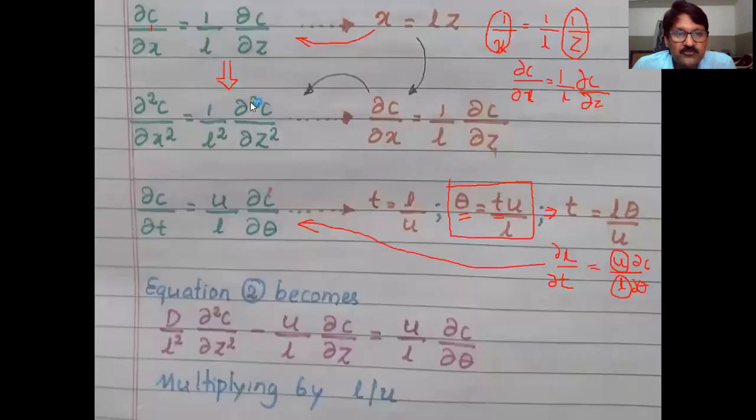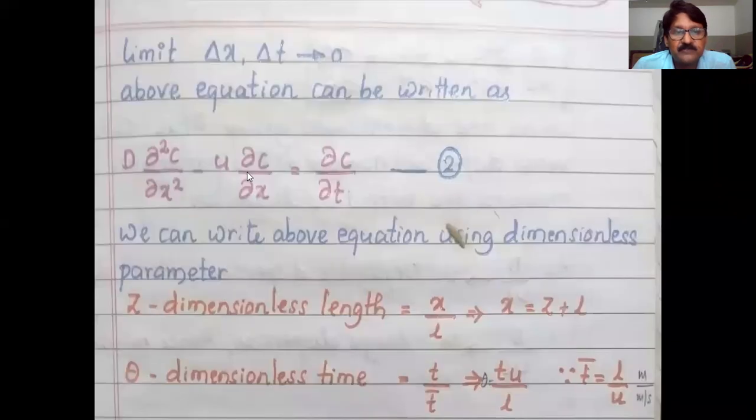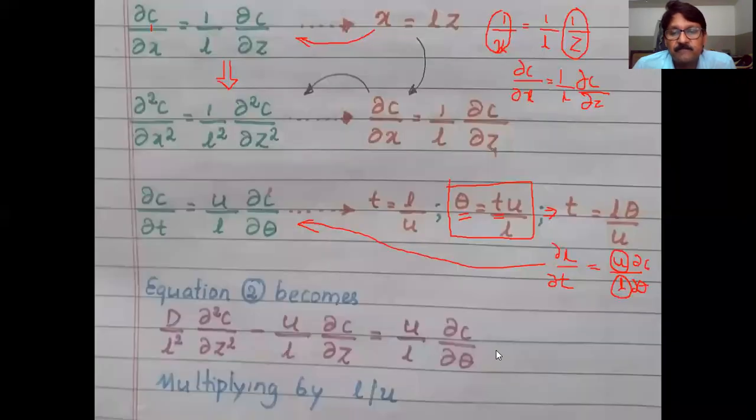Dou c by dou x square is dou square c by dou z square into L square. So therefore I am writing this. Okay, and then the next term is u by L dou c by dou theta.